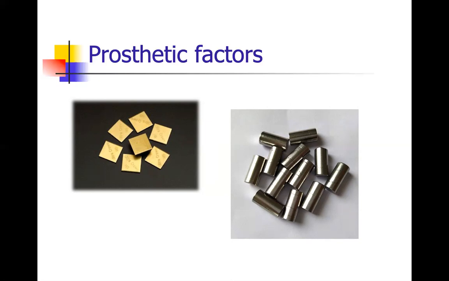Chrome alloys have a higher modulus of elasticity and therefore they are less flexible. So in less undercut areas, chromium cobalt alloy can be used, but in cases of deep undercut, wrought metal can be used.